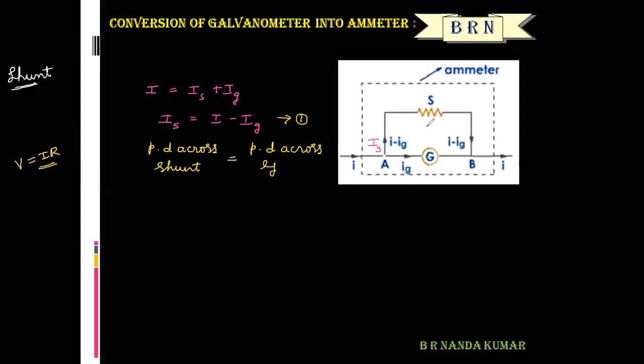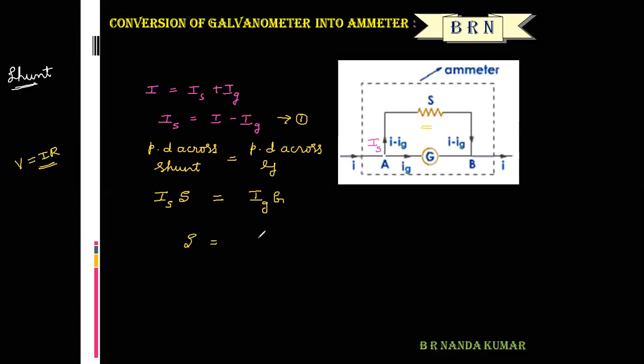So the potential difference across the shunt is the current flowing through the shunt times the resistance of the shunt, Is into S. That is equal to the potential difference across the galvanometer, the current flowing through the galvanometer times the galvanometer resistance.